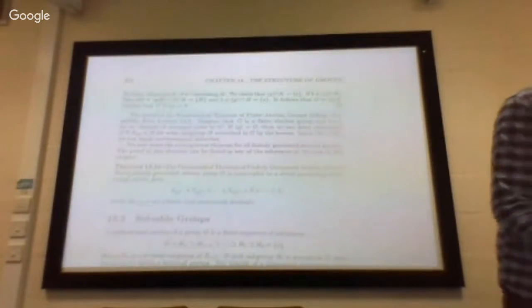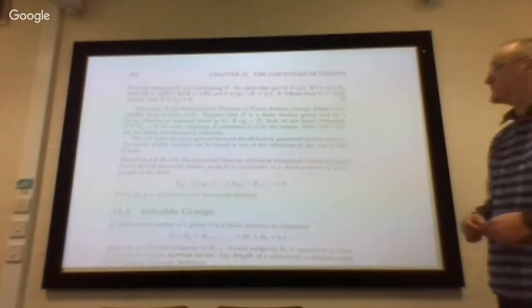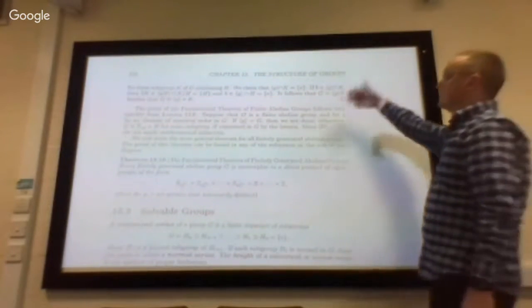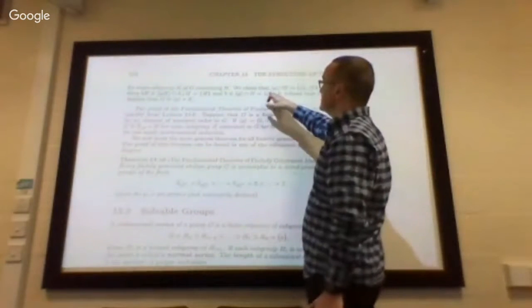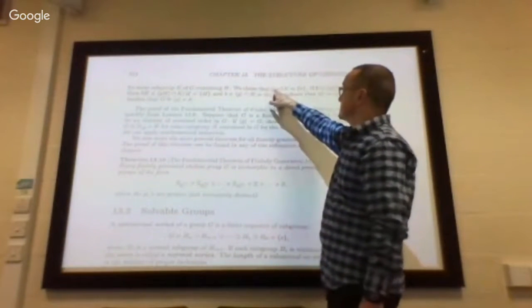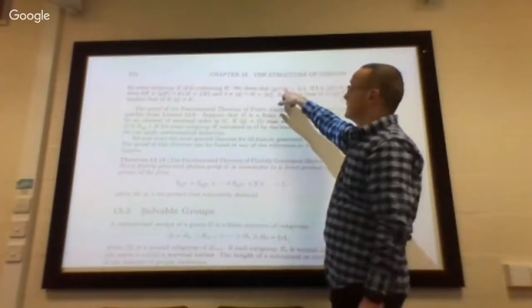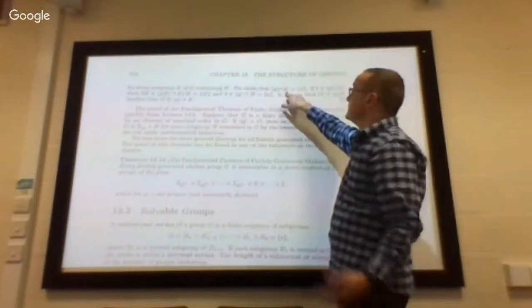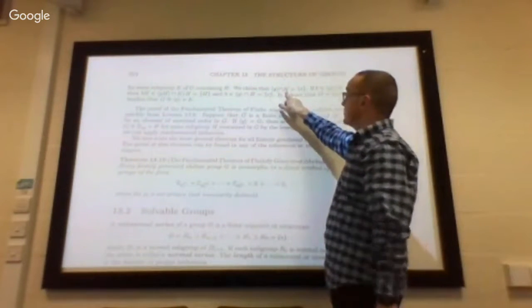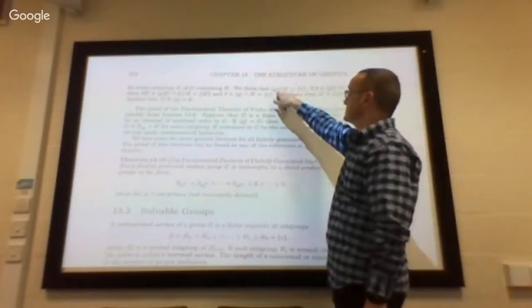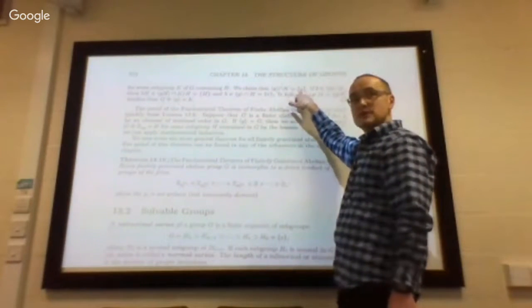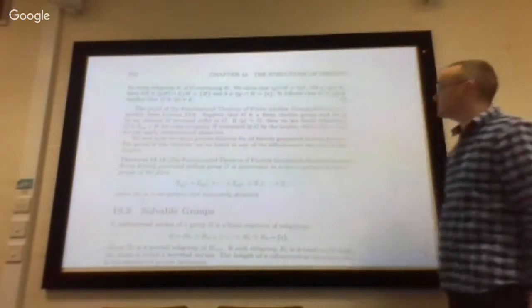The very final bit is to show that G is the direct product of that cyclic subgroup generated by g with K. To prove you've got an internal direct product, you have to show that the intersection of the two subgroups is minimal, that it's just equal to the identity element.